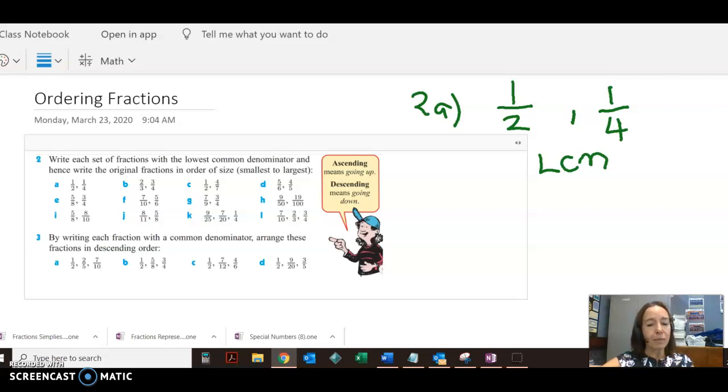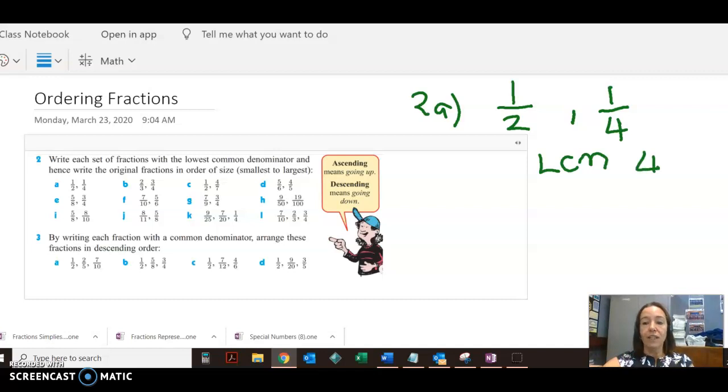Now hopefully you remember from when we were doing our special numbers and we looked at things called multiples, we know that multiples are in the times table of. So what is in my 2 times table and in my 4 times table? If I go 2, 4, 4 is my lowest common multiple.